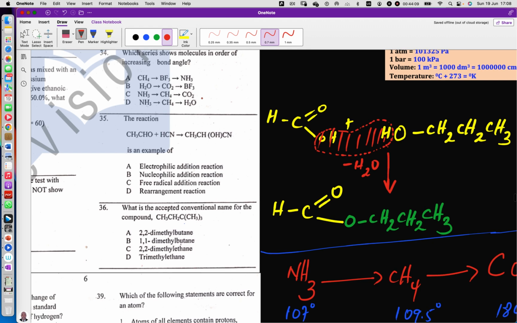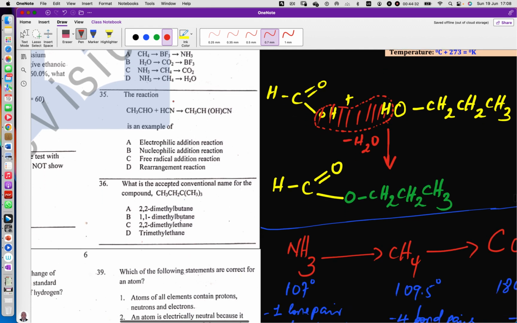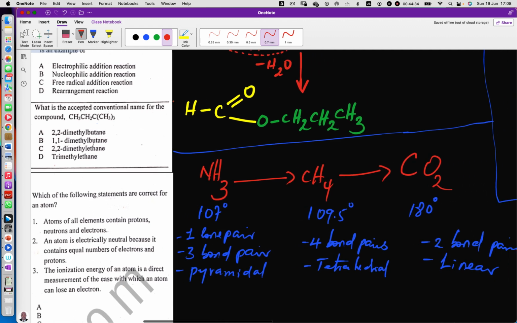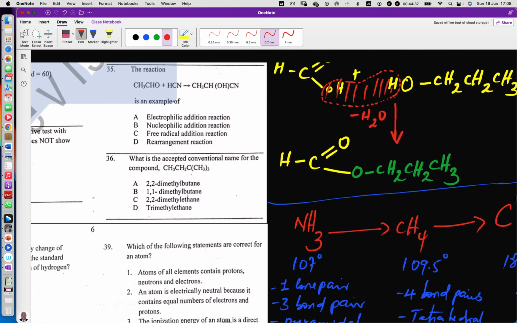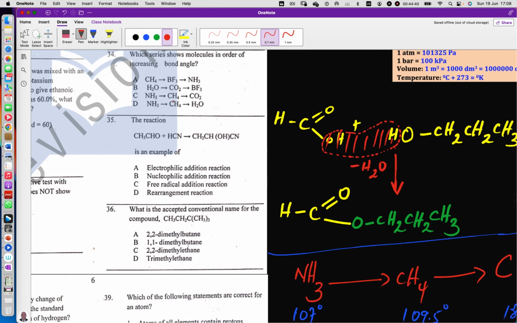Methane to boron trifluoride, then to ammonia. Okay, I just drew something here. From here you will see that methane has a bond angle of 109.